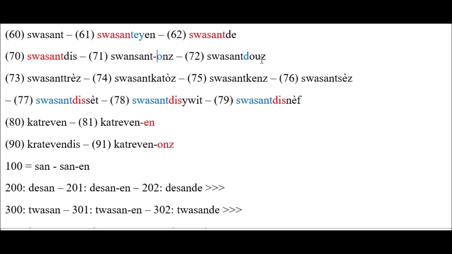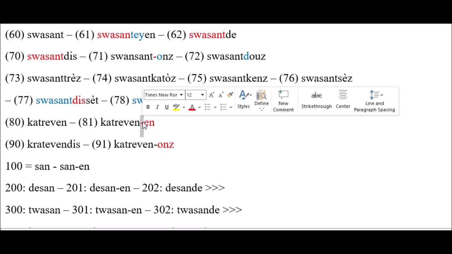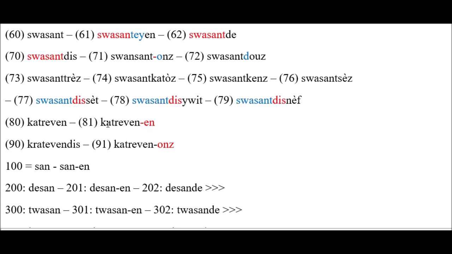And then we have 71, 72, 73, 74, 75, 76, 77, 78, 79, okay, and then we have 80. We can't say 80 the regular way, but we add this little slash here to make it 81, okay?